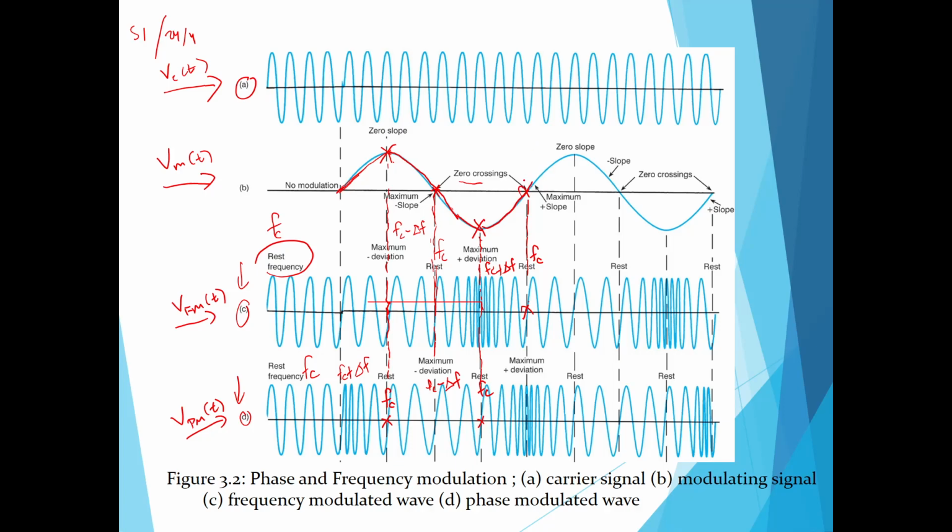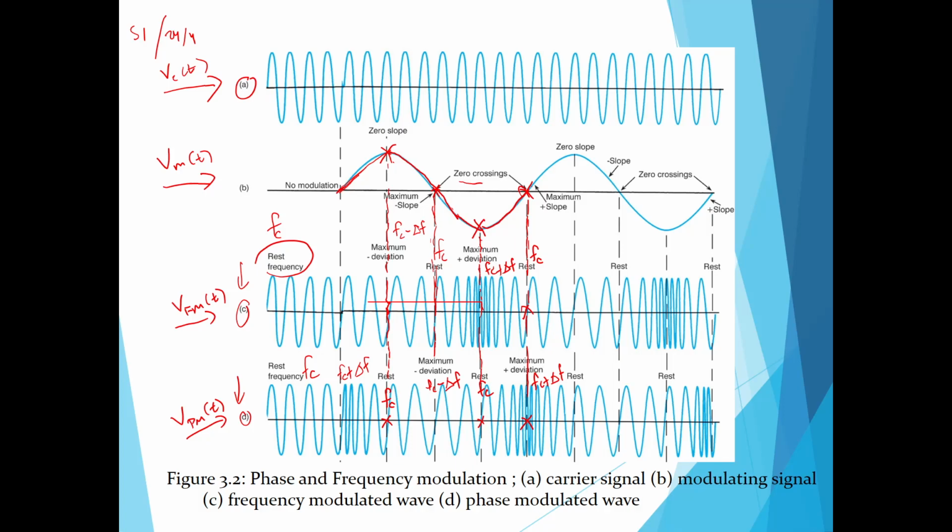The output becomes maximum positive deviation, because this is from negative towards positive, so the output is at the highest frequency, which is Fc plus delta F at this point. That's why you see the ripples of the wave are close to one another.